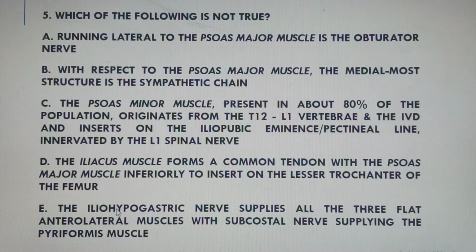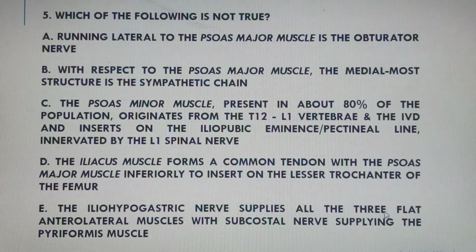Option E says the iliohypogastric nerve supplies all the 3 flat anterolateral muscles, with the subcostal nerve supplying the pyramidalis muscle. Now this statement is a false statement. The reason is that the iliohypogastric nerve, although we know it's a mixed nerve supplying some portion of the gluteal region, will supply only 2 of the 3 flat muscles, not the external oblique, if you remember.